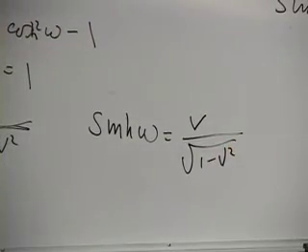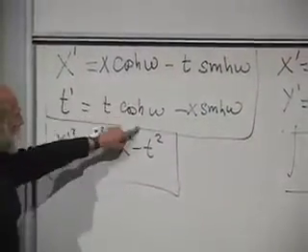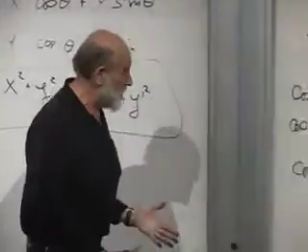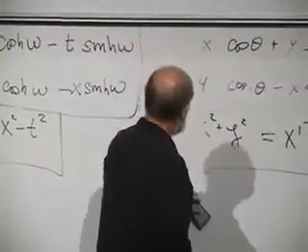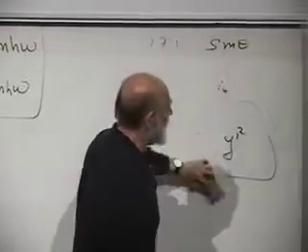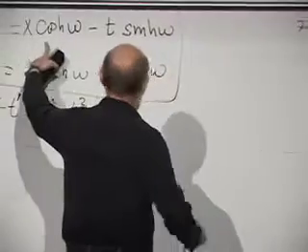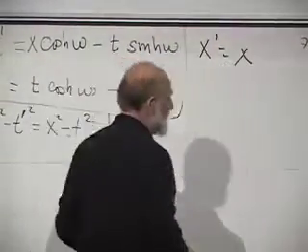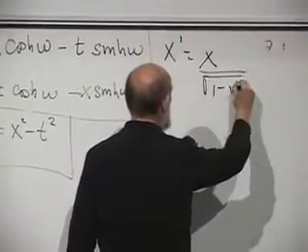Let's go back to these Lorentz transformations over here and write them getting rid of the hyperbolic trigonometric functions, and substituting good old familiar velocities. Let's get rid of this and substitute the good old ordinary velocities. Okay, so we have here x prime equals x times cosh omega, and that's divided by square root of 1 minus v squared.